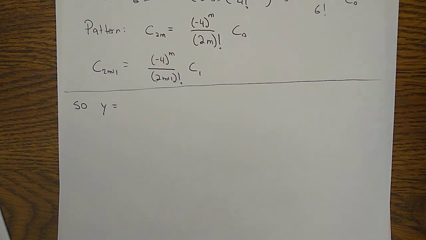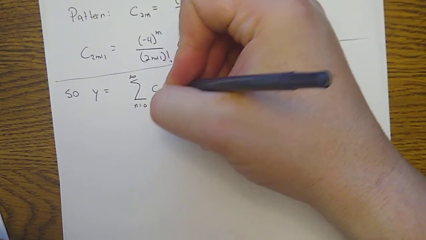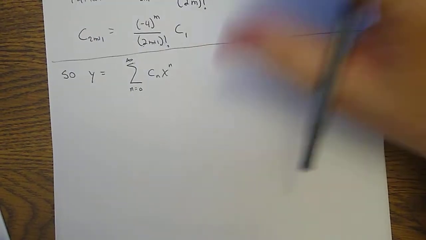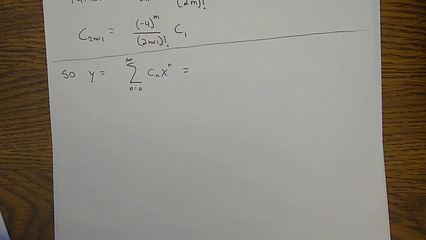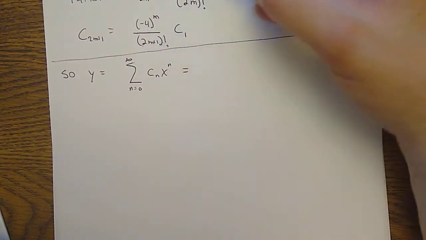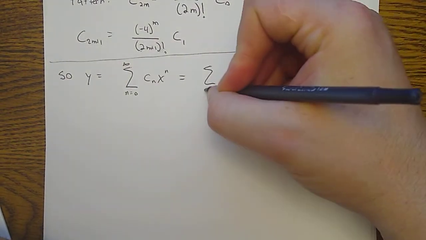Okay, maybe that's better. So y would be this. And I want to break this sum up according to the evens and the odds, because like we've been discussing, these give different answers.